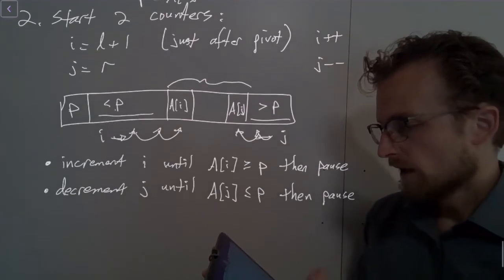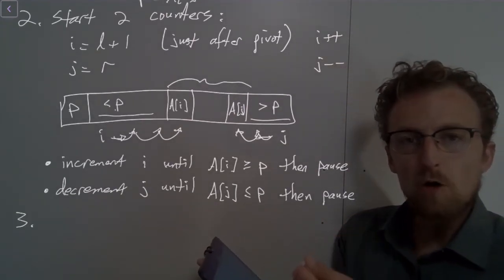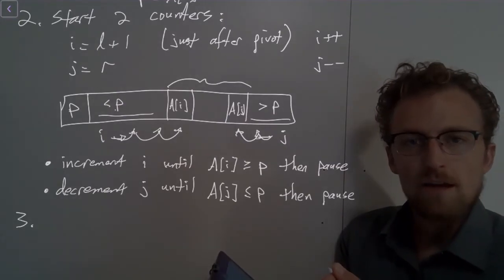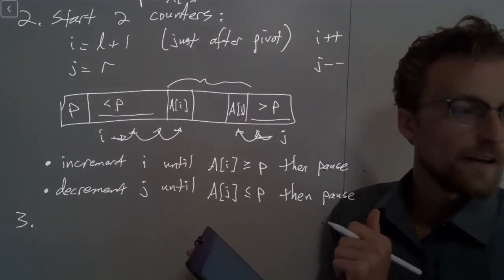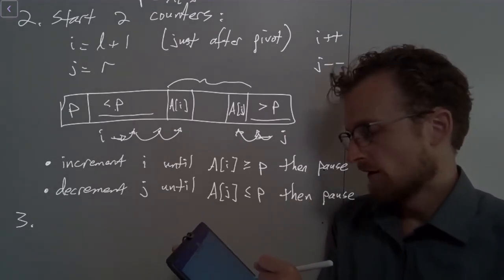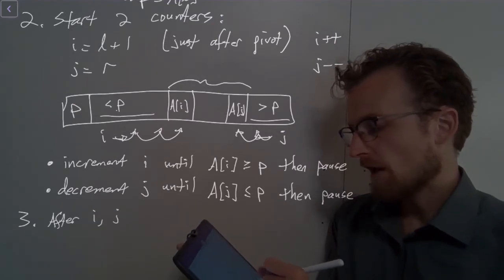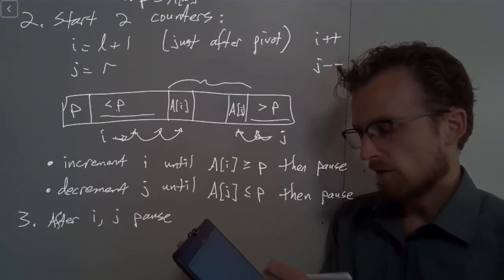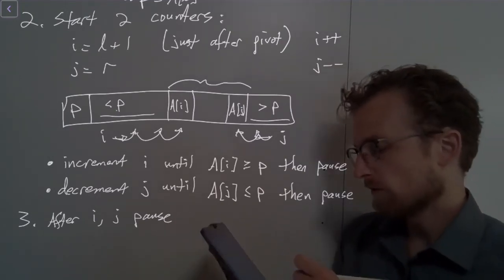Okay, so now let me write a number 3 here. So once both counters have paused, we check to see if they have crossed each other. Okay, so first we can think about the scenario that I've drawn. So after I and j pause, now notice we haven't moved anything around yet. Everything is where it was when we began.